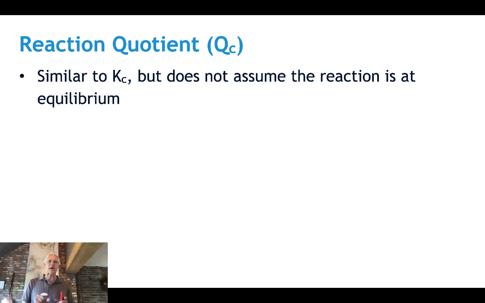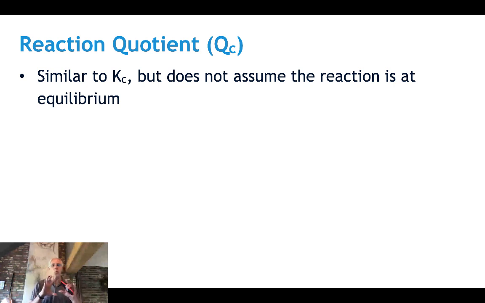So to look at that, we have something called the reaction quotient, or Qc, sometimes just Q. The Q is really the same as the K. The c just means that we're using the concentrations in the calculation. So we have a little Kc right there, and all that means is that's the equilibrium constant calculated with concentrations.